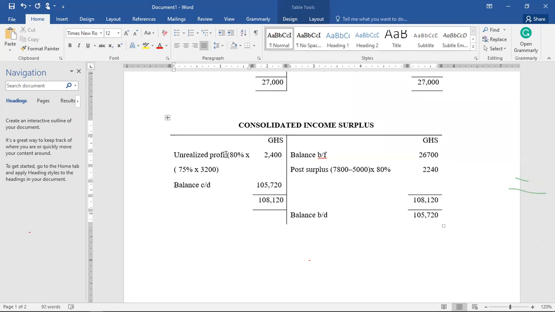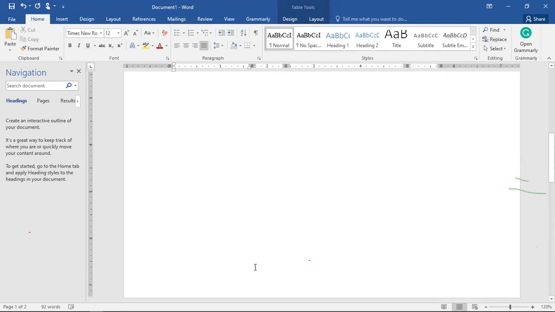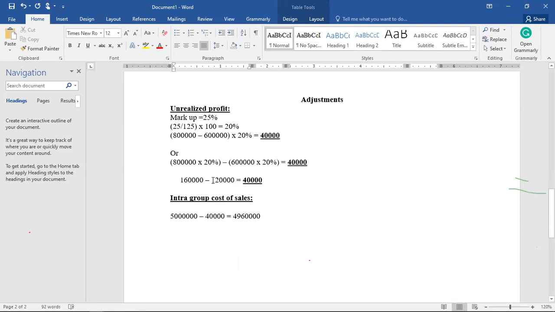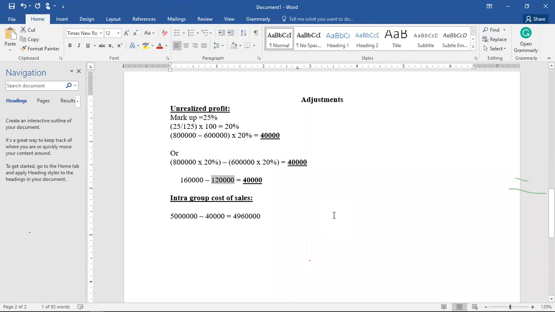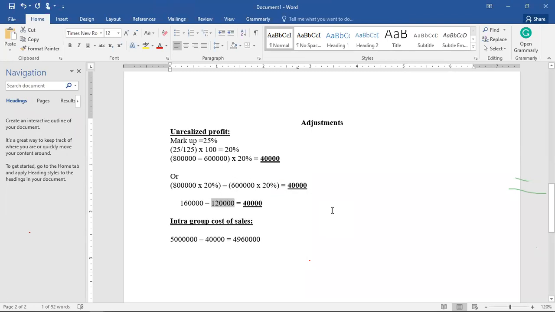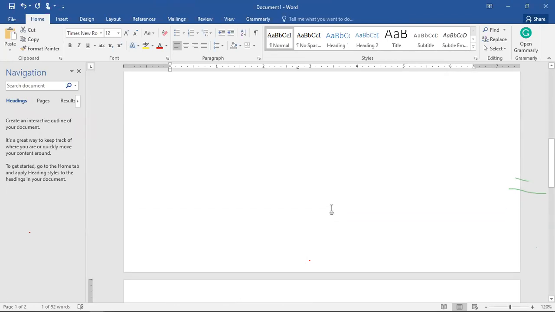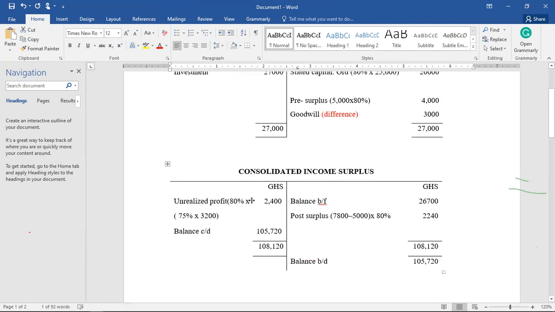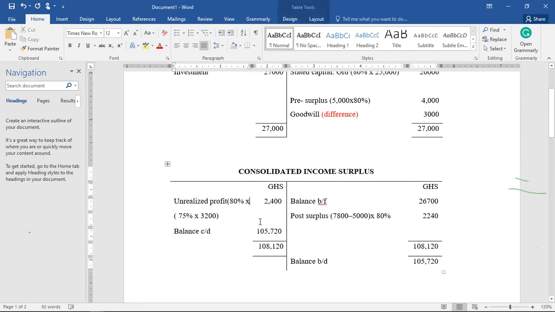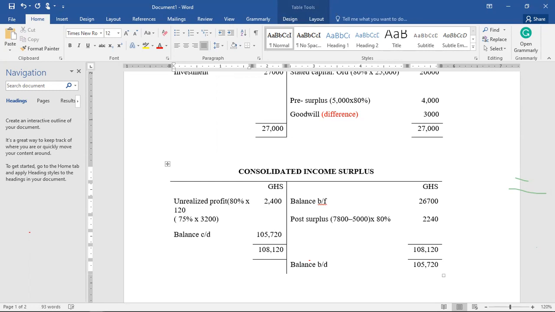The unrealized profit on the closing stock here is 120,000. So 80% of the 120,000 will give you how much?